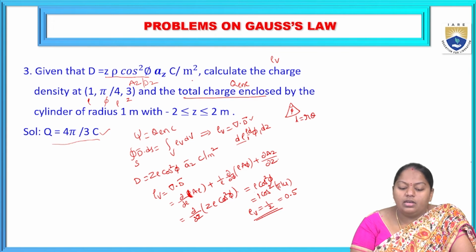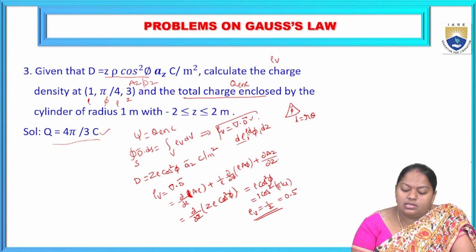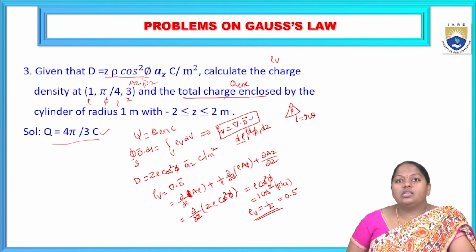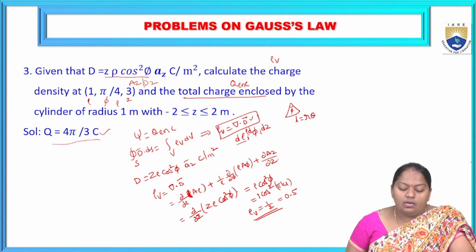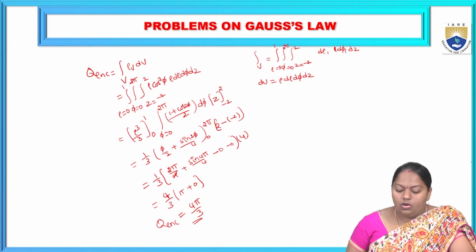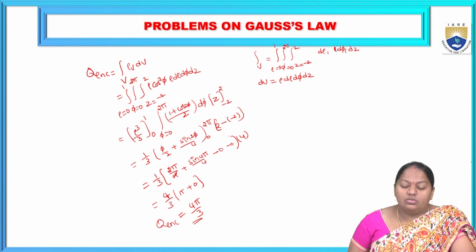Now to calculate the charge density, the formula between rho v and D is given by rho v equal to del dot D. Use this as the formula to solve rho v, and after obtaining rho v, we need to substitute the rho, phi, z variables by 1 comma 5 pi by 4 comma 3, and from this rho v we are going to evaluate the total charge which is enclosed by that radius. Okay, so this is the way we have evaluated, hence we have got the charge enclosed by that surface is 4 pi by 3, and the unit to measure this charge is coulombs.